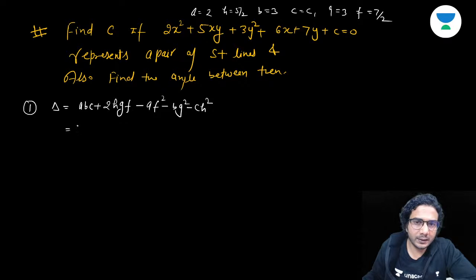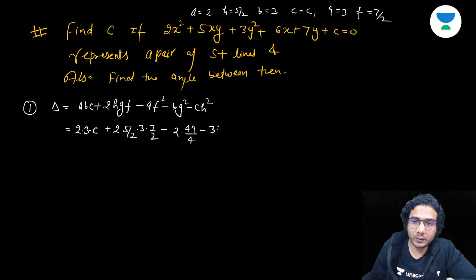So it is ABC, so A is 2 into 3 into C plus 2FGH, H is 5 by 2, G is 3, and F is 7 by 2, minus AF square, so 2 into F square is 49 by 4, minus BG square, so 3 into G square is 9, minus CH square is 25 by 4.